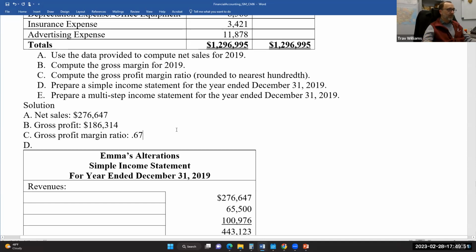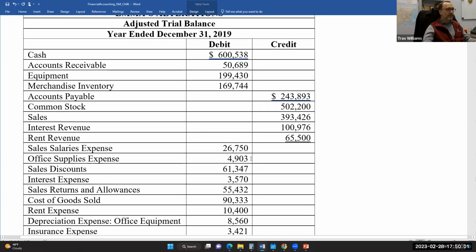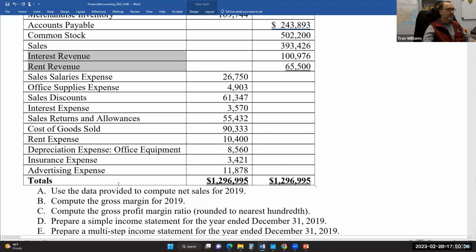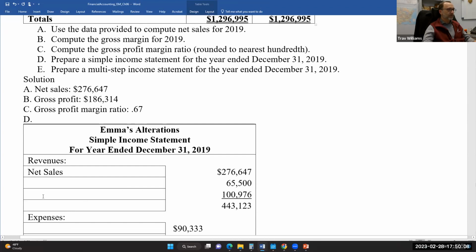Okay, so we're done with A, B, and C. For part D, we know that this is net sales. We know that these were those revenues, interest revenue and rent revenue, except they flipped the order around. So rent revenue is on top, interest revenue is on the bottom.